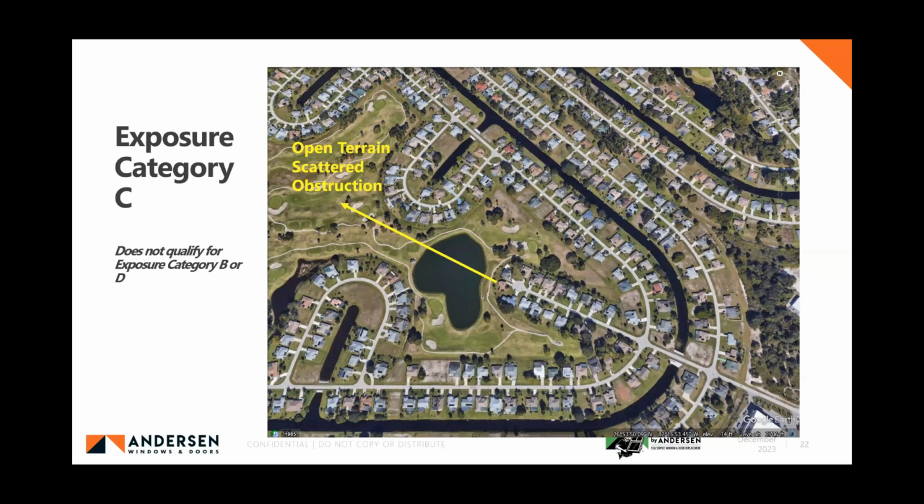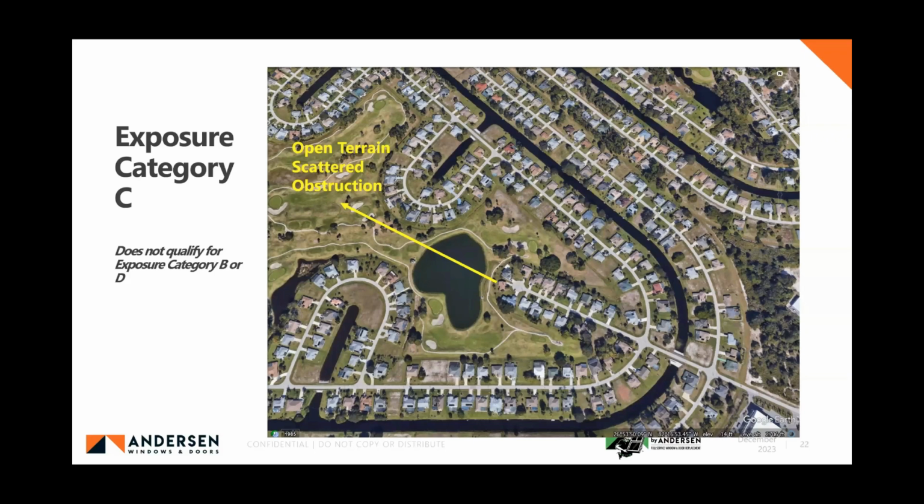So we're not going to be in exposure category D. If we pull in some directions, we could qualify for exposure category B. But then we look in the direction that yellow arrow is pointing, and clearly we do not have trees, buildings, or an urban or suburban type setting in that direction. So that building there, while it's located in a neighborhood, because it's near this golf course, is going to qualify as exposure category C.